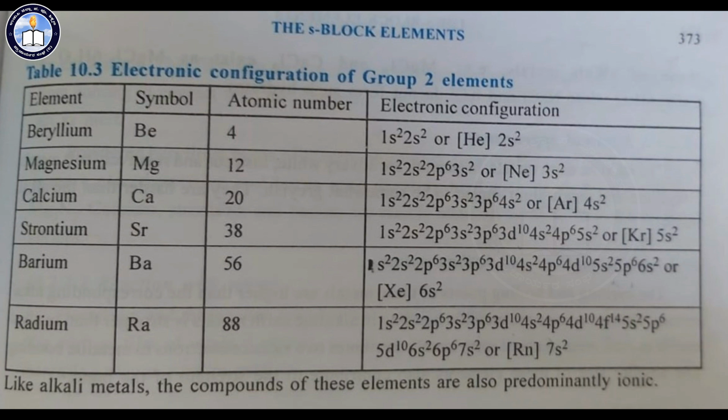Radium, atomic number 88, its electronic configuration 1s2 2s2 2p6 3s2 3p6 3d10 4s2 4p6 4d10 4f14 5s2 5p6 5d10 6s2 6p6 7s2 or radon 7s2.